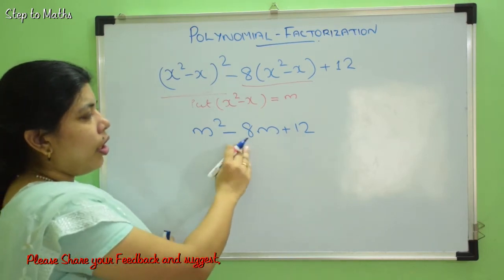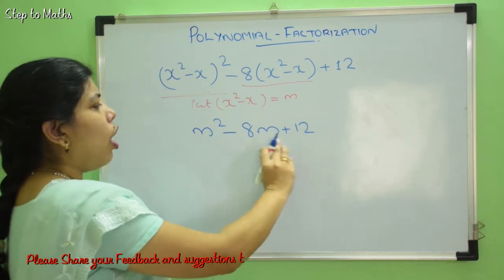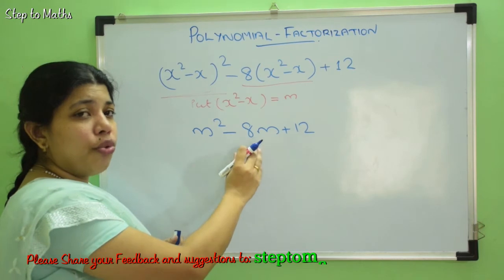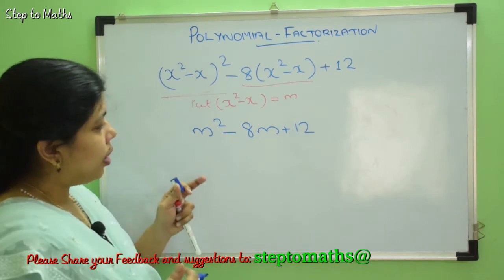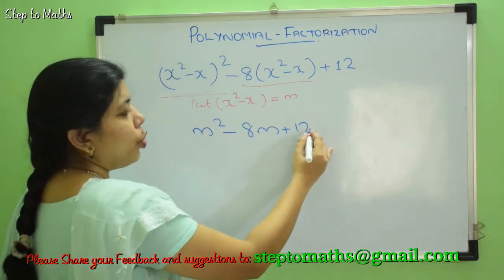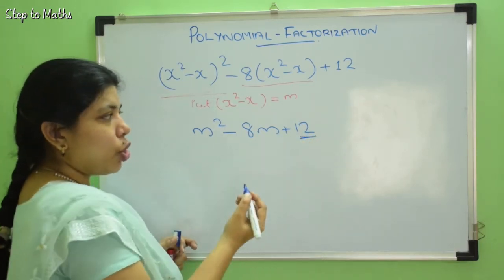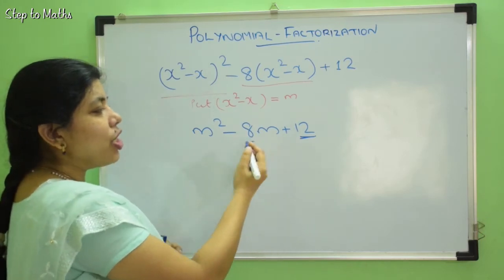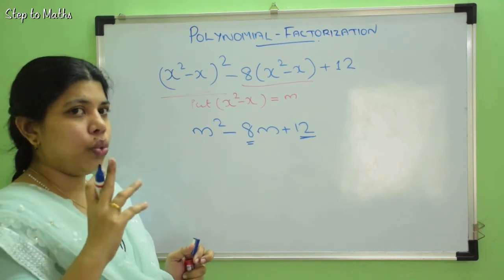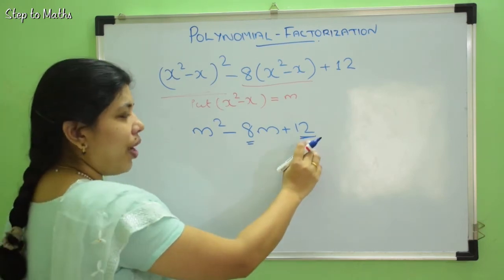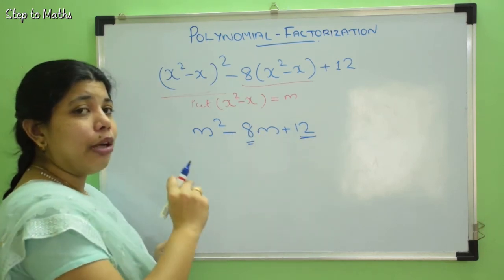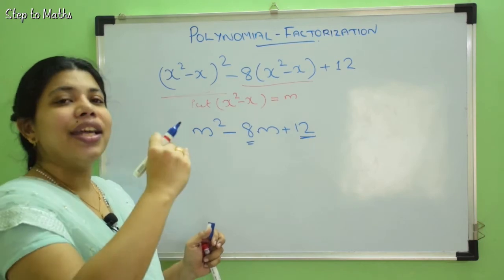Now how to represent this polynomial into product of polynomials? Shall we apply any identities? That means two numbers whose product is 12 and whose sum is minus 8. 6 into 2 is 12, and the sum is minus 8, so the numbers are minus 6 and minus 2.